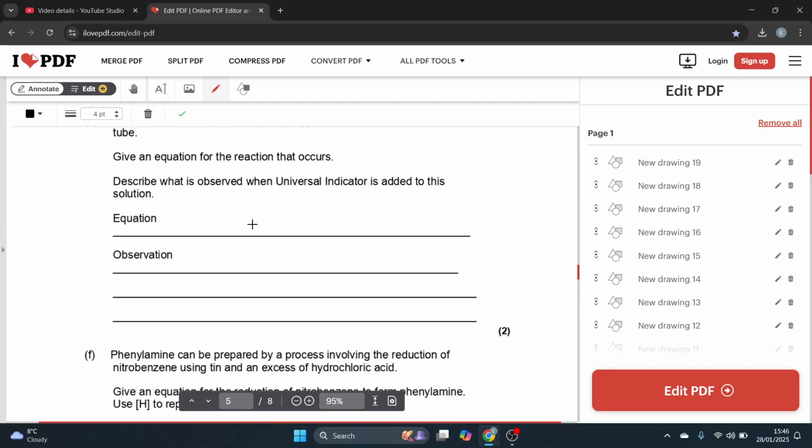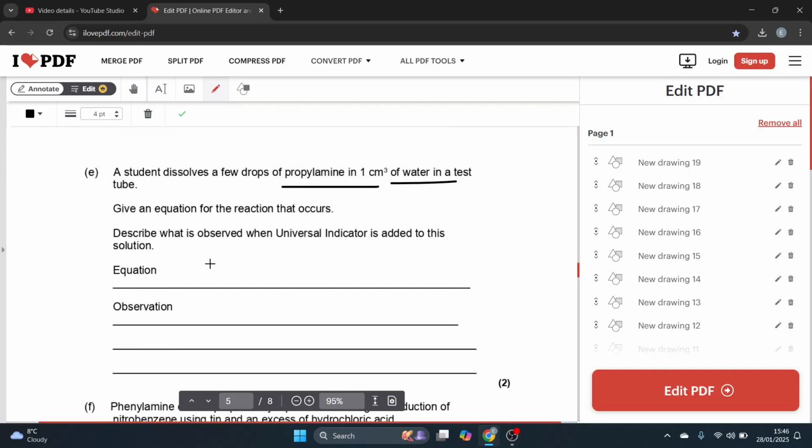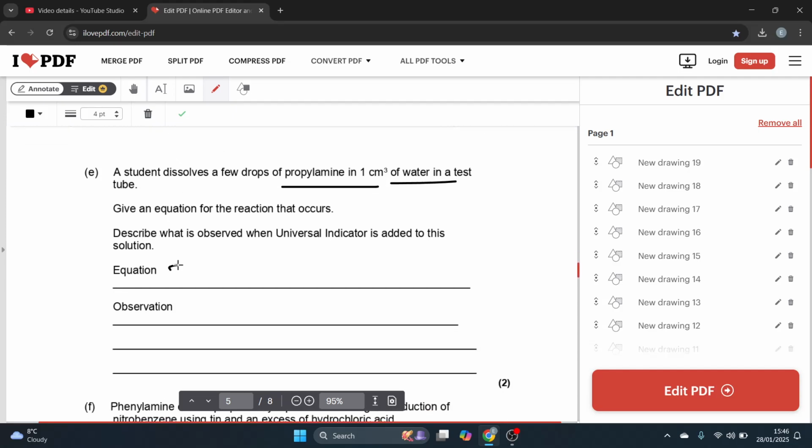Part E says, give an equation for the reaction that occurs when a student dissolves a few drops of propylamine in water. So propylamine: methyl, ethyl, propyl, so CH3, CH2, CH2, NH2 plus H2O.